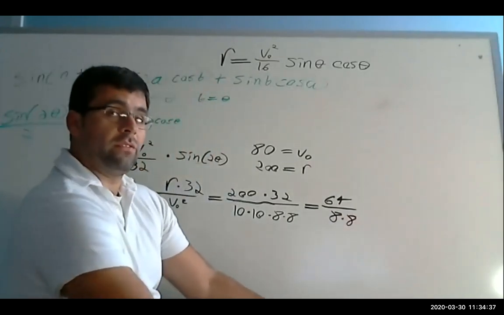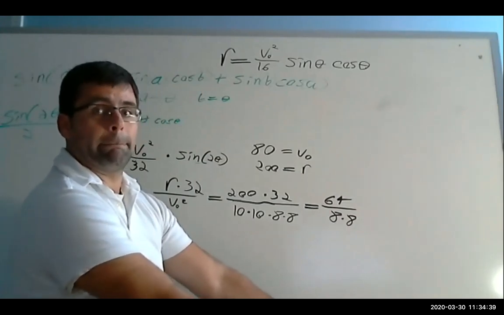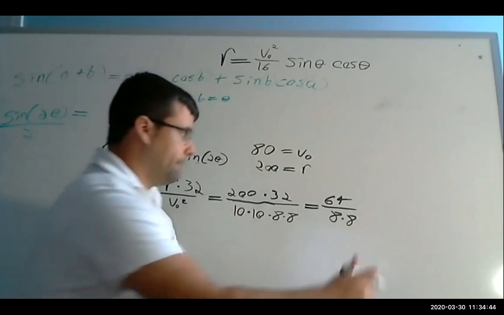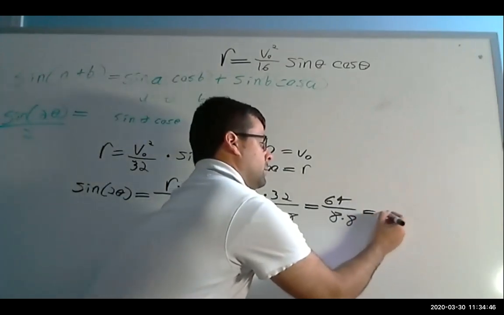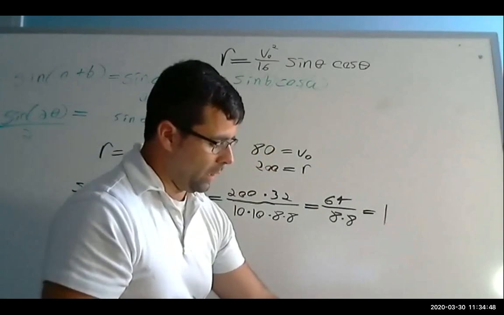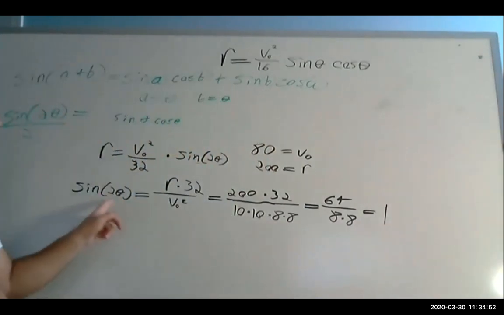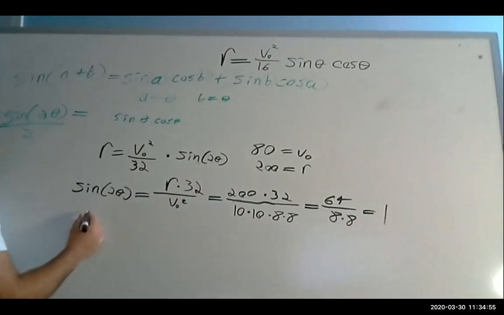What is 64 divided by 8 times 8? 1. So, sine of 2 theta equals 1.